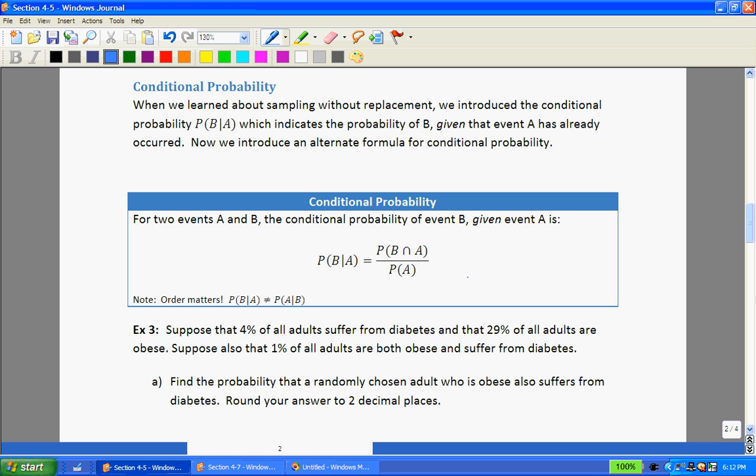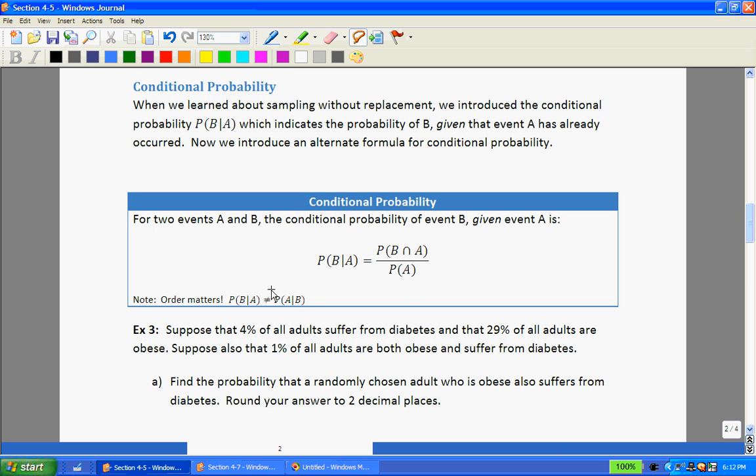And what helps me to remember this formula is whatever order the two letters or events are over here when it says given, I put them in the exact same order over here with the intersection or the word and in the middle, and then I always divide by whatever was last. So in this case, A was second, so A is the one that I divide by.